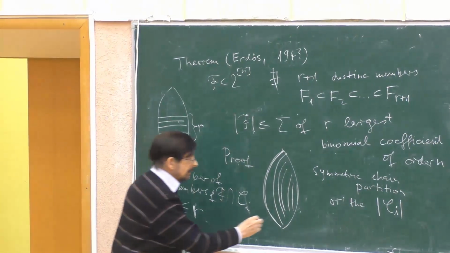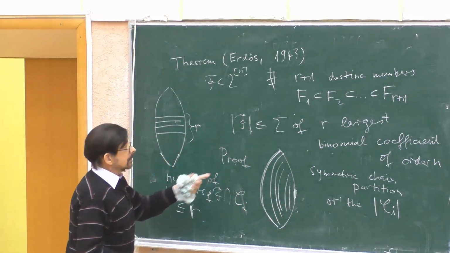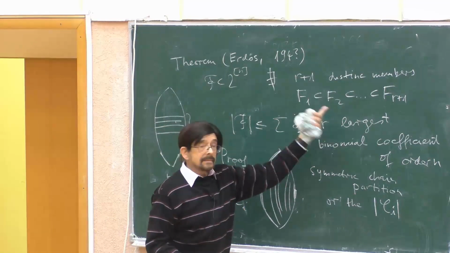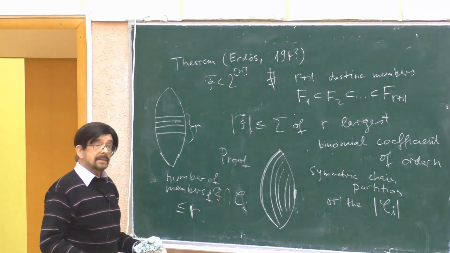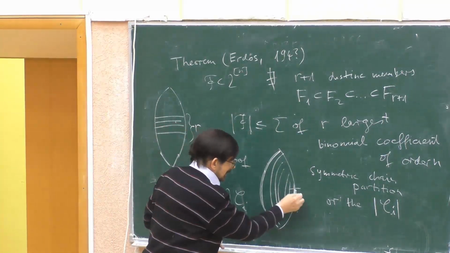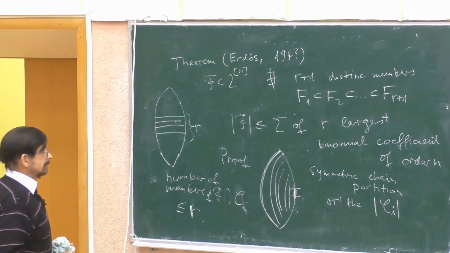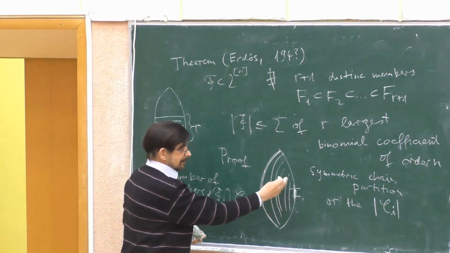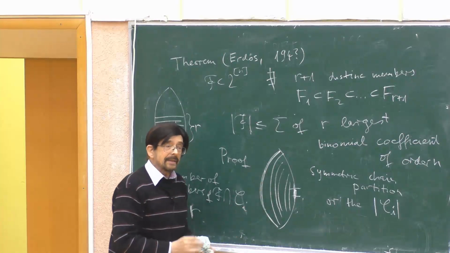Because if the chain is small, then the condition would allow us more members, but we cannot have more than this one. So small ones are full, and the big ones we have at most k.